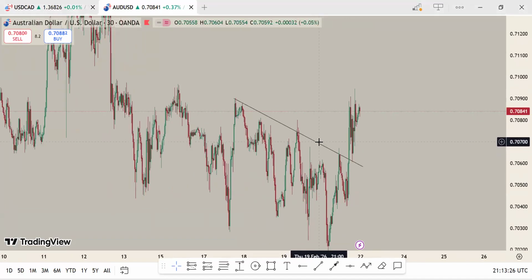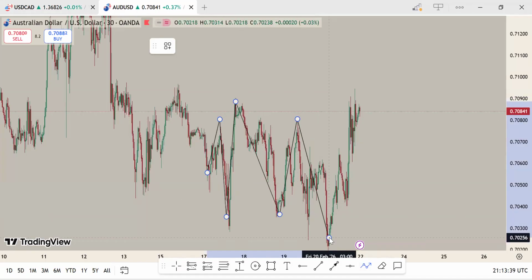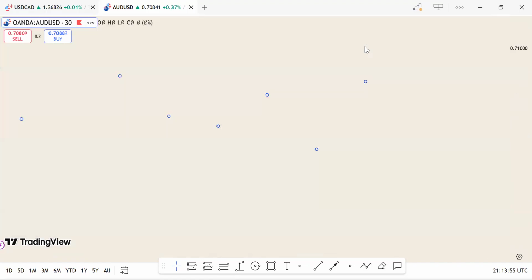Is it the one I just marked out? The trade I marked out has played already.